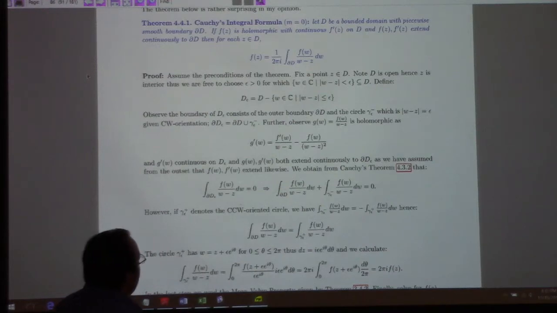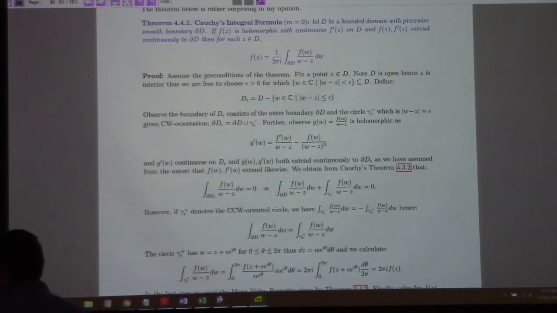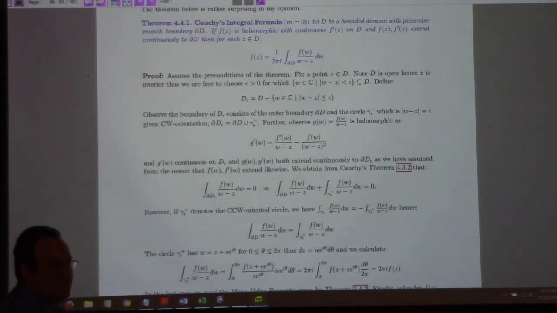If f of w is well behaved in and relatively close to D, then we get Cauchy's integral formula. And the neat thing is, if f is just 1 and z is equal to 0, this simplifies down to 1 equals 1 over 2 pi i integral of dw over w, which is the example we just went over.